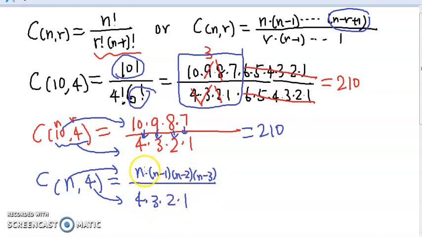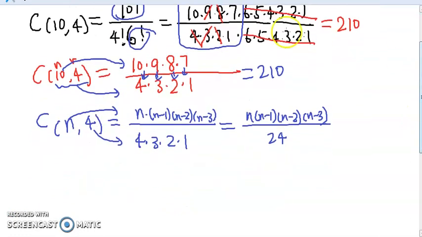So n minus 1, n minus 2, n minus 3. Now I have 4 numbers on the top. That's when I stop. We can multiply the bottom, but because we don't know what n is, we cannot really cancel anything, so we just keep it. 24 on the bottom, and the top you can either multiply out or just leave as this.